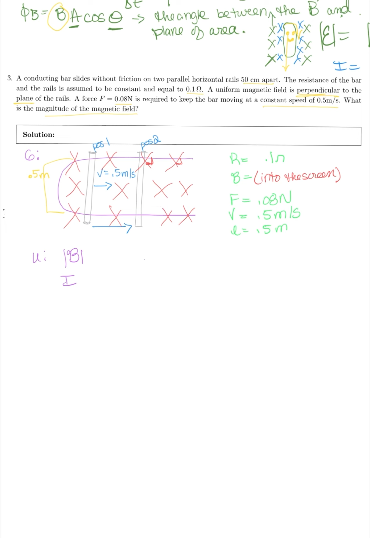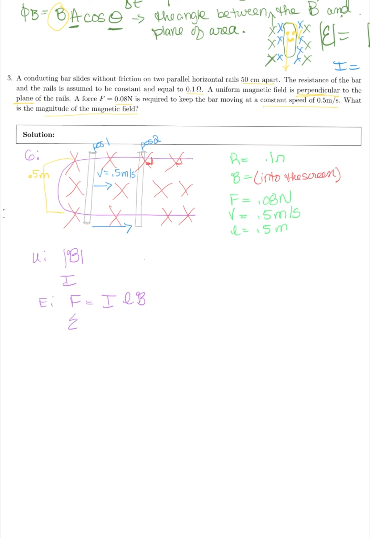Well, we know that the force created by a B field is ILB. Then we're given that we're moving at a constant speed, so our acceleration equals 0, because if you're accelerating, you don't have a constant velocity.